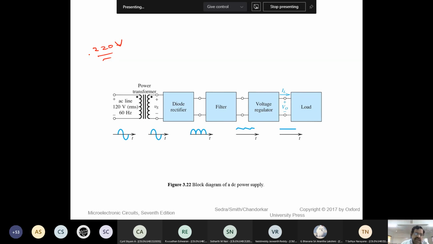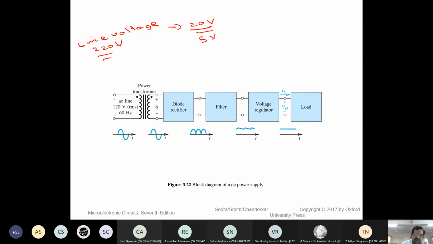This is the line voltage, what the service provider gives us. But our appliances typically require only 20 volt, and sometimes only 5 volt. So these are the ranges we require, and we want DC.